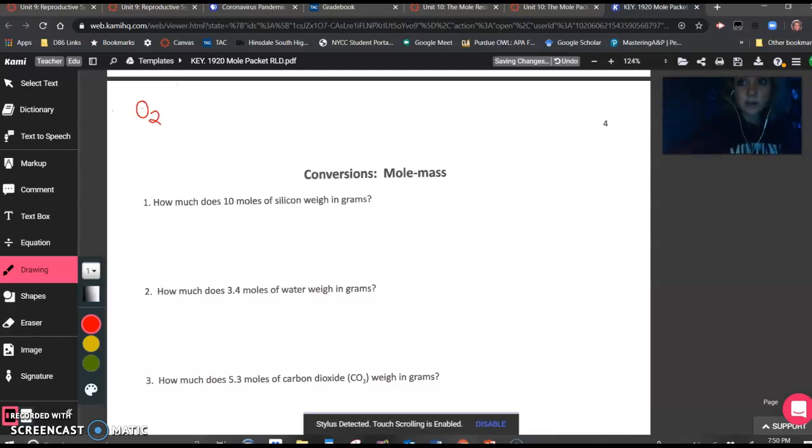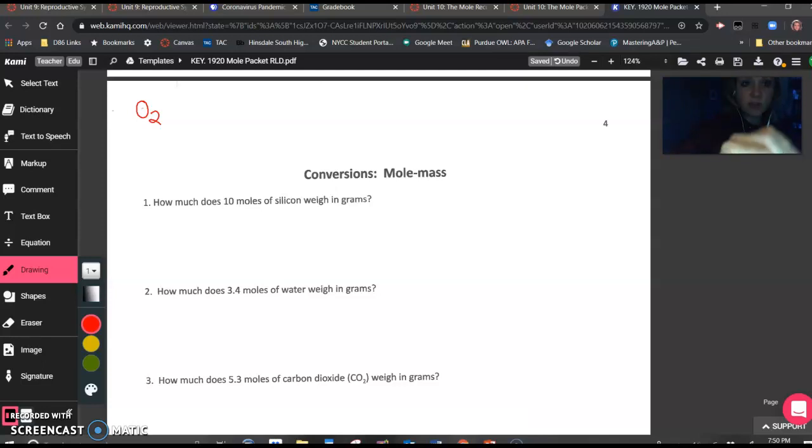And if you look at your chem helper in the square for oxygen, you'll see that 1 mole of oxygen is 16 grams, but we have 2 oxygens here, so we have to multiply 16 times 2. And when we get that, we get 32 grams per mole.